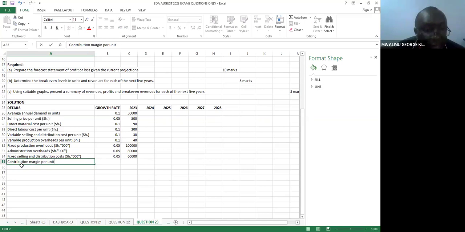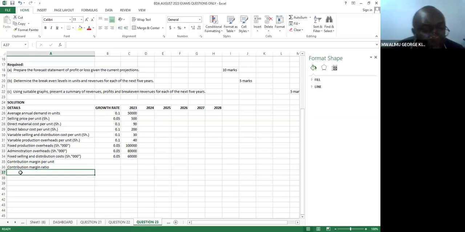I will also get something called contribution margin ratio. Then I will need to get a figure called total contribution. Total contribution.